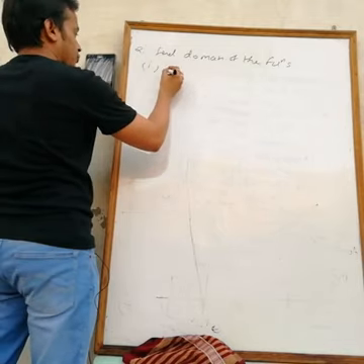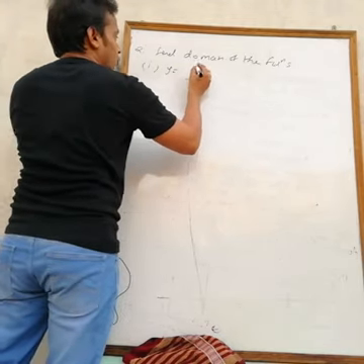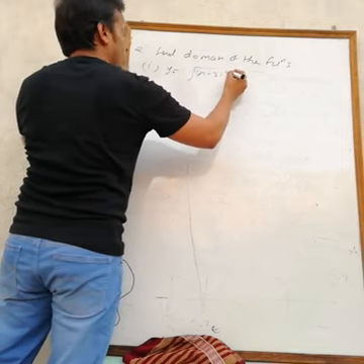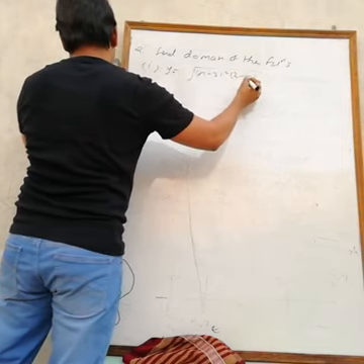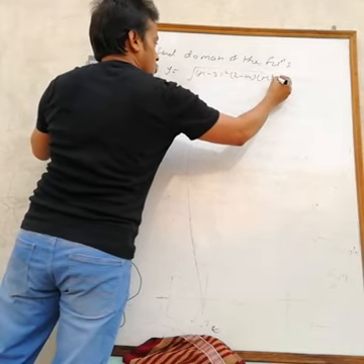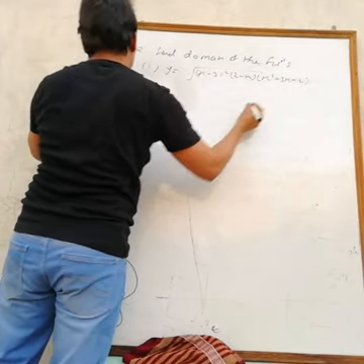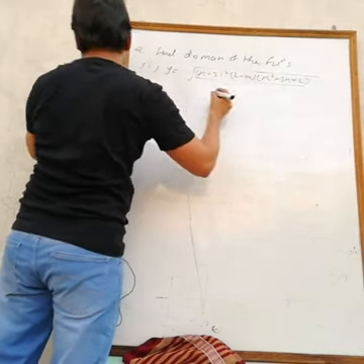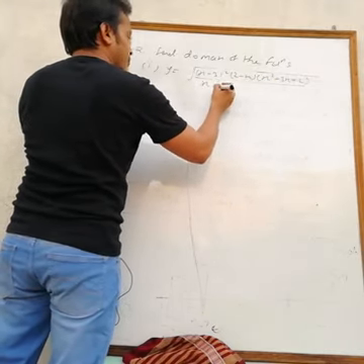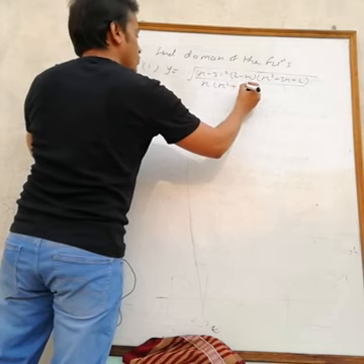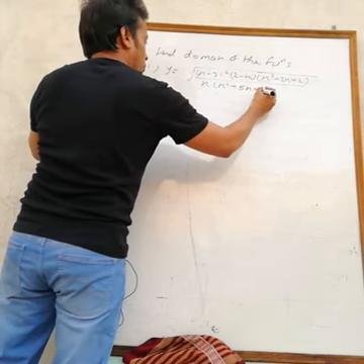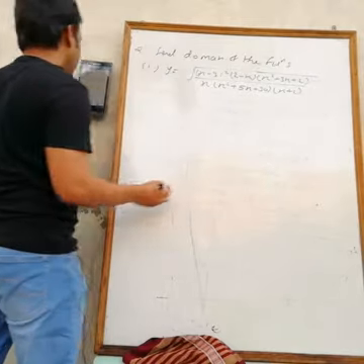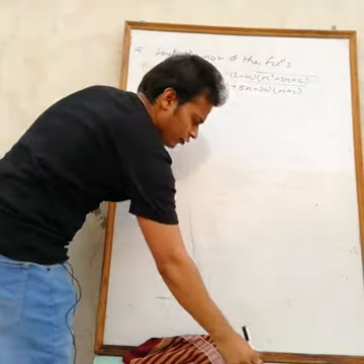First one, y equals root of (x minus 3) whole square times (2 minus x), and (x square plus 3x plus 2) divided by (x square plus 5x plus 30) times (x plus 1). Now you want the domain for this one.